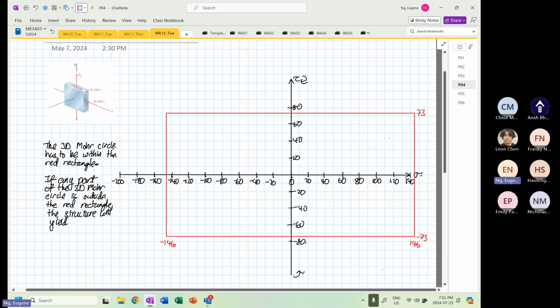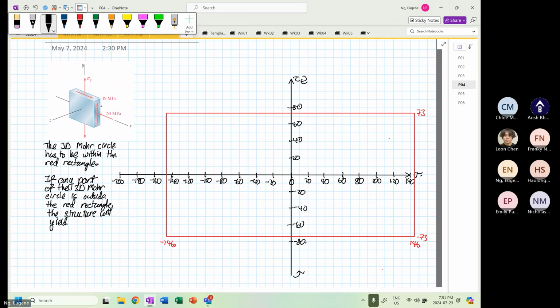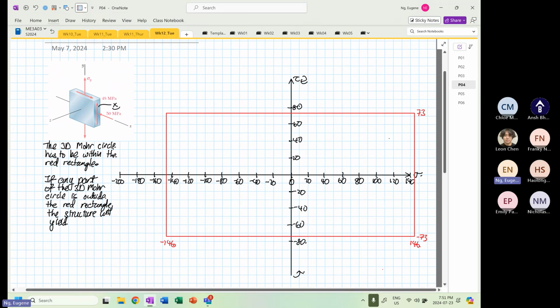So let's look at this box over here. This is our point X, this will be our point Y, and this will be our point 0. And over here is where our point Z is.